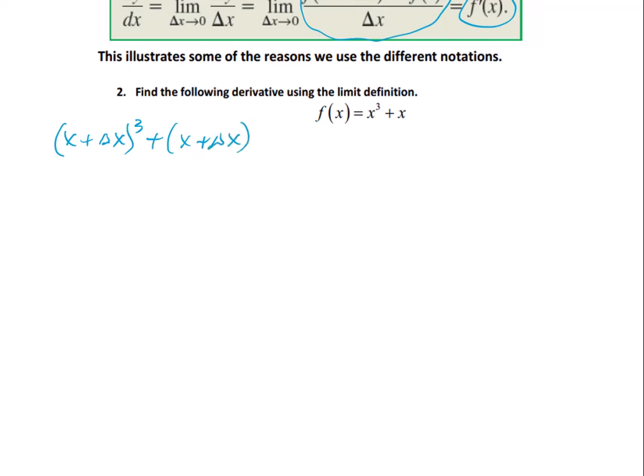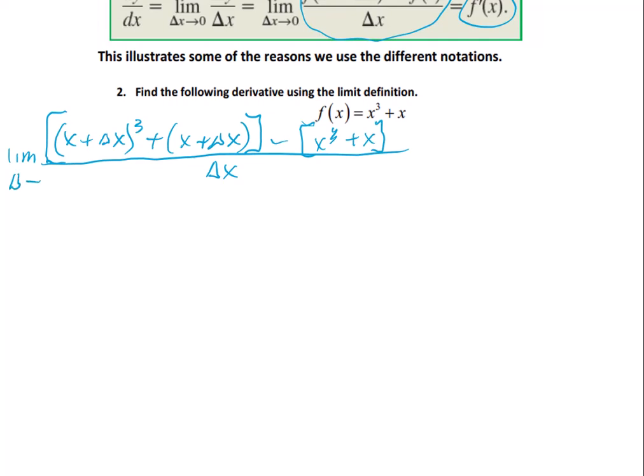So this is really my y2 right here. And I subtract from that my y1, which is just the function the way it was originally written. All of that's over delta x, and we're wanting the limit of this as delta x approaches 0.